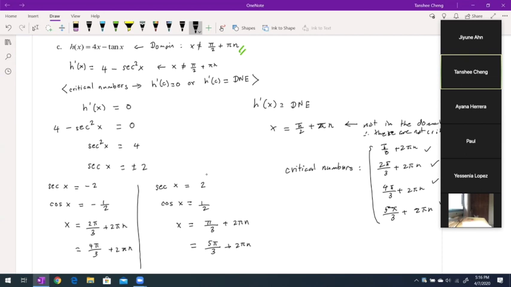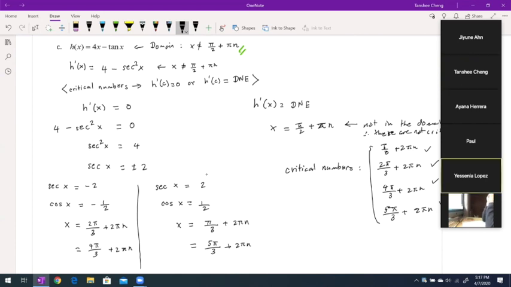So the derivative function does not exist means that somewhere this function is not defined at all. And we already found that this function's derivative function will not be defined at pi over 2 plus pi n.